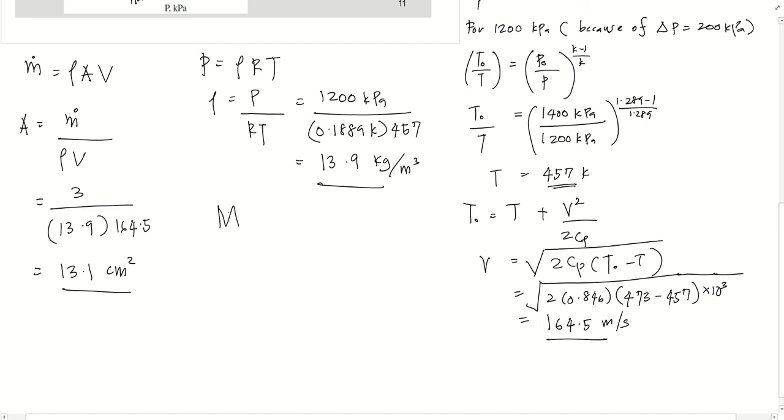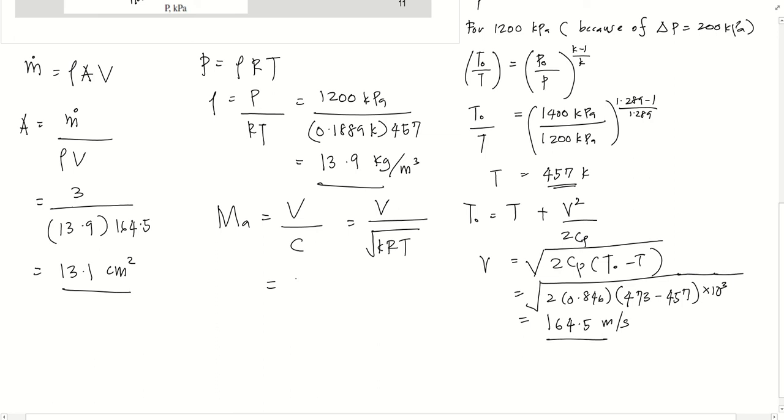Mach number equals the ratio of fluid velocity divided by speed of sound. V is known, and then C, how to find C? C equals the square root of KRT.